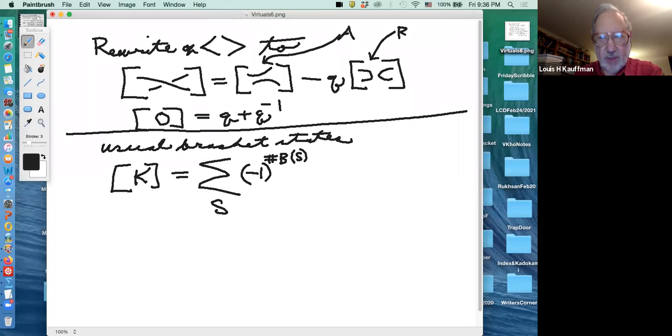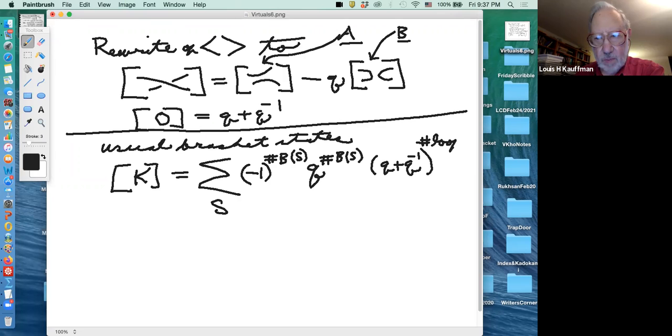So I'm still calling them A and B, even though I've changed my letters. The smoothing this way, with regard to a crossing, that's an A smoothing, this is a B smoothing. So we want (-1) to the number of B smoothings, q to the number of B smoothings. And then we have q plus q inverse to the number of loops. So there's our usual state sum.